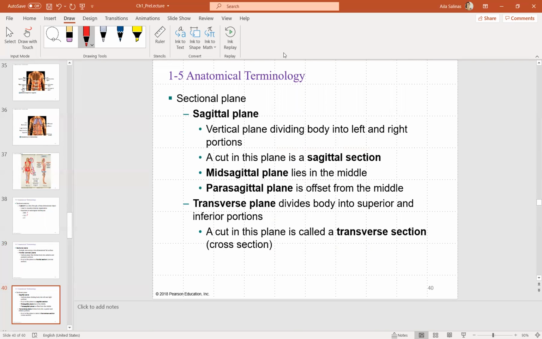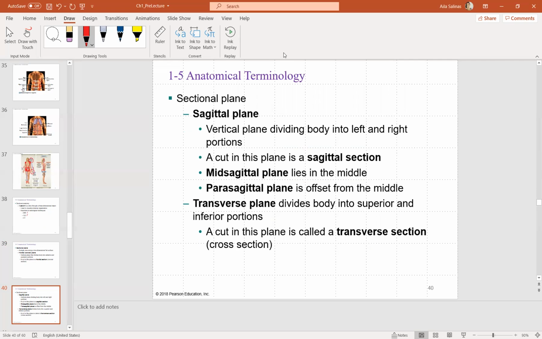And when we cut in the parasagittal plane, we have a cut that divides the body still into left and right, but this is a little offset from the middle. So sagittal just means that I'm dividing the body into left and right. If I say mid-sagittal, it's right in the middle. And if it's parasagittal, it's another place that's not in the middle, but still divides the body into left and right.